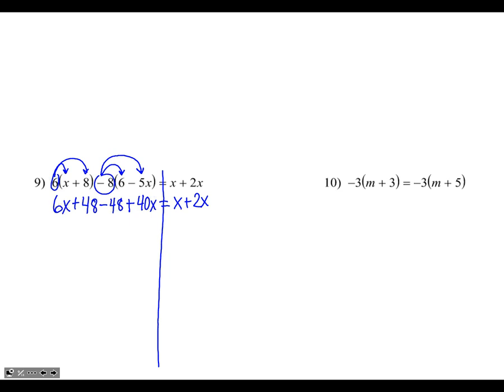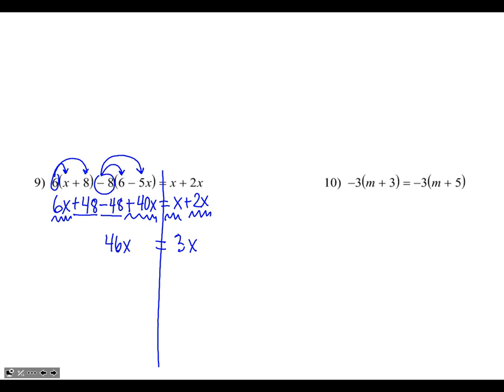All right, here, variable term, constant, constant, variable, variable, variable. Okay. 6x plus 40x is 46x. Negative 48, or positive 48 minus 48 is 0, so I just have 46x equals x plus 2x is 3x.